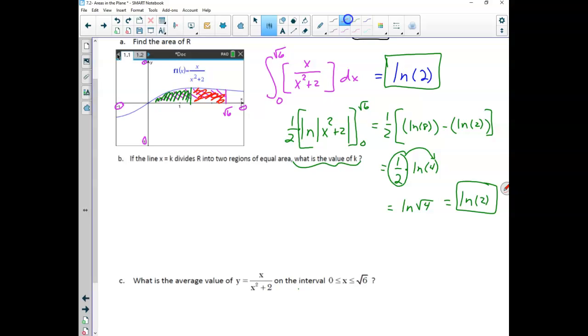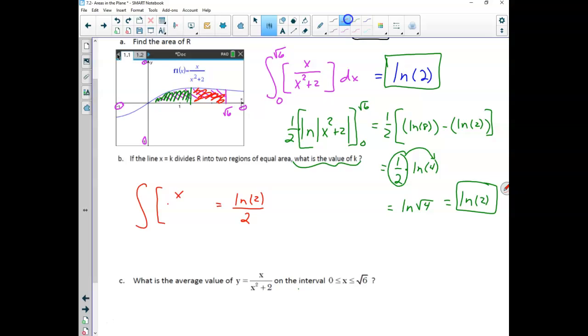Well, we know what the area is going to equal, right? We know the area of the whole thing was ln 2. So half of that area is going to have to be ln 2 divided by 2 now, isn't it? Okay, so we know the area is going to be there, but how are we going to set up something to show that? Well, it's an integral. It's a cumulator of, what's my function?